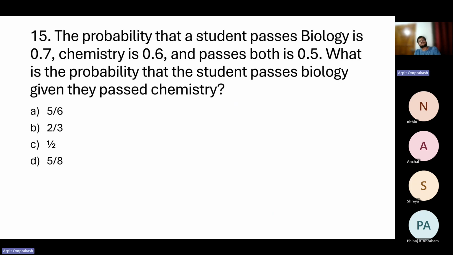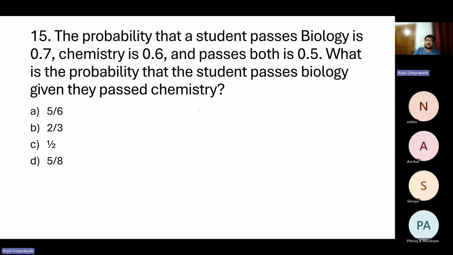The next question is: the probability that a student passes biology is 0.7, chemistry is 0.6, and passes both is 0.5. So what is the probability that the student passes biology given they have passed chemistry? Again, this is a conditional probability.